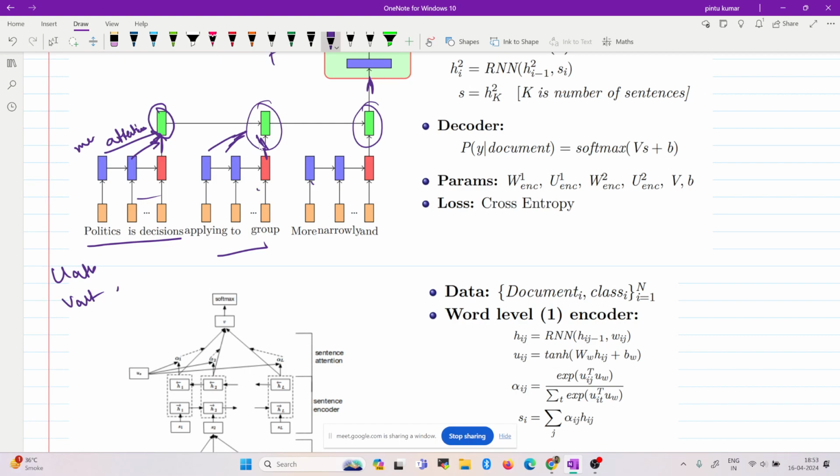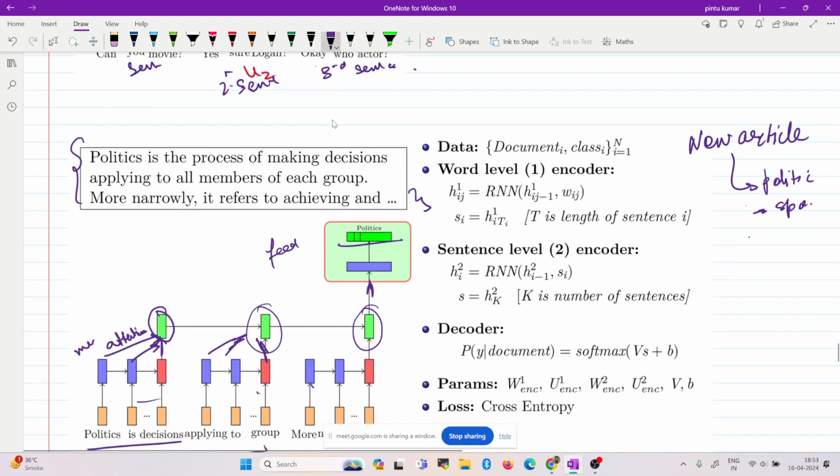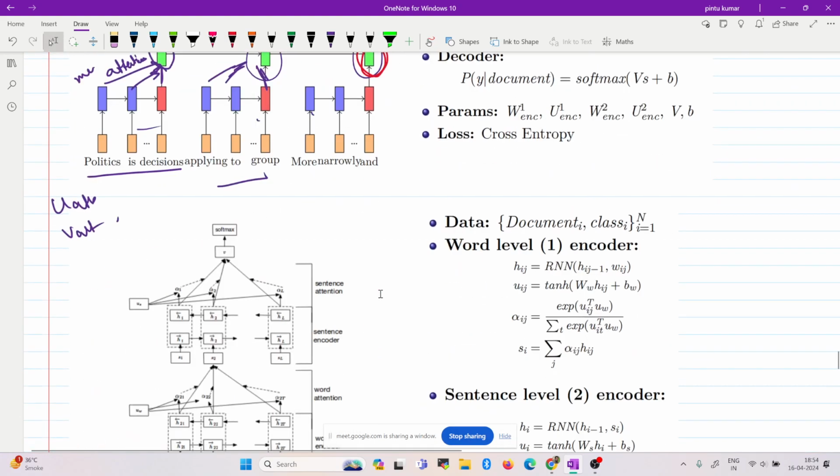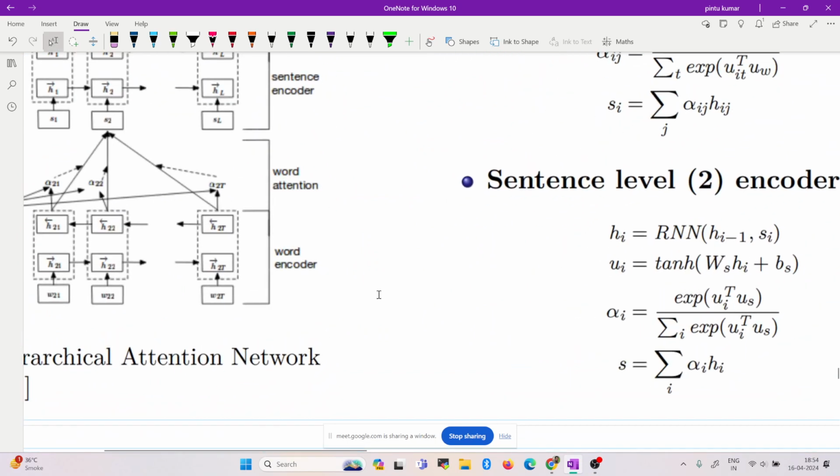Because there is an RNN at the second level of hierarchy that is running, you will again have one more attention here. Rather than just passing this final layer, you will pass a weighted sum of these three. And this is what is represented by this image over here.